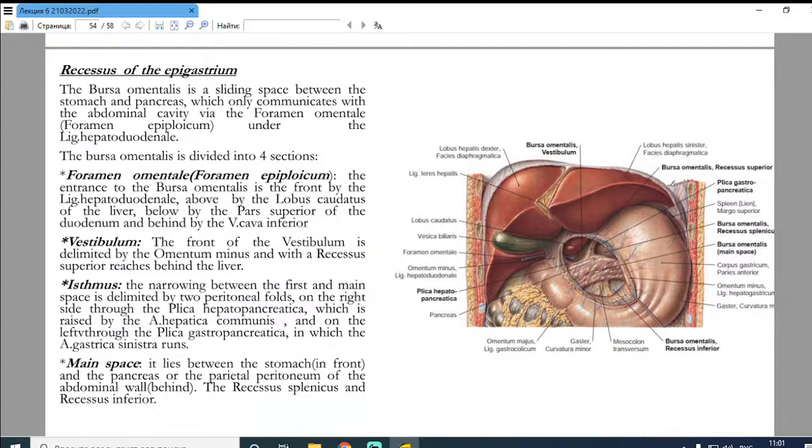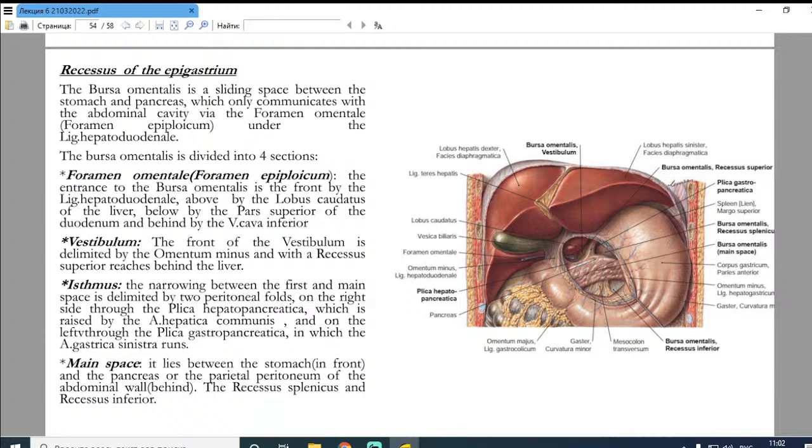The bursa omentalis is divided into 4 sections. The entrance, the foramen epiploicum, is bordered in front by the ligamentum hepatoduodenale, above by the lobus caudatus of the liver, below by the pars superior of the duodenum, and behind by the vena cava inferior.